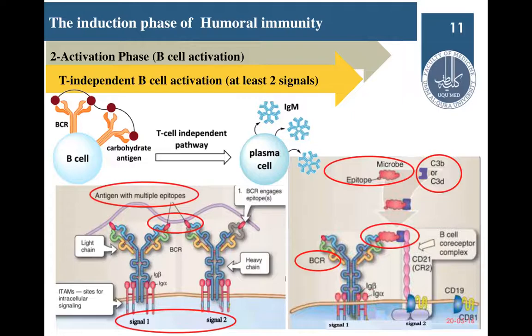You can see that C3b, C3d is now inducing the signal through complement receptor 2, which is also known as CD21, which is acting as a co-receptor complex. So in both these situations, there are two signals, signal 1 and 2, that result in activation of the B cell in T-independent responses.